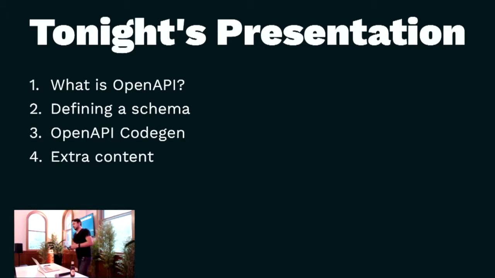Then I'm going to go over some OpenAPI CodeGen, which is a project that has been forked from the original Swagger CodeGen. And then I've got some extra content. If you like the Hydraulic Press channel YouTube channel, they always have extra content at the end, and that's exactly what I'm referencing.